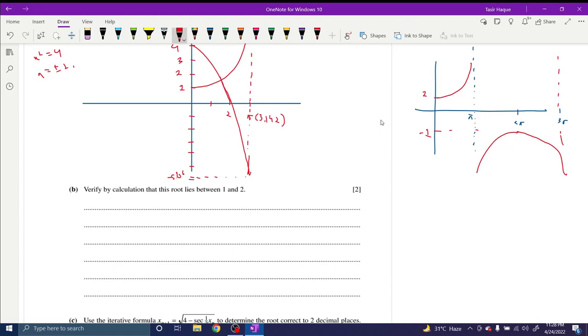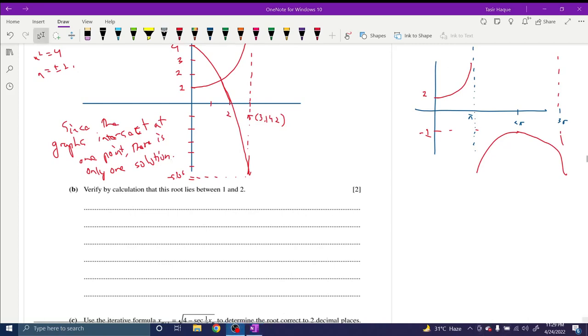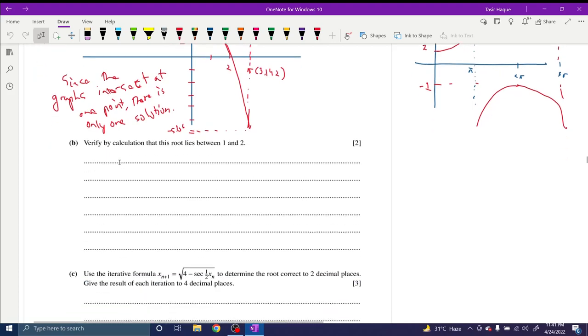You can say that since the graphs intersect at one point only, there is only one solution. Now, verify by calculation that this root lies between 1 and 2.